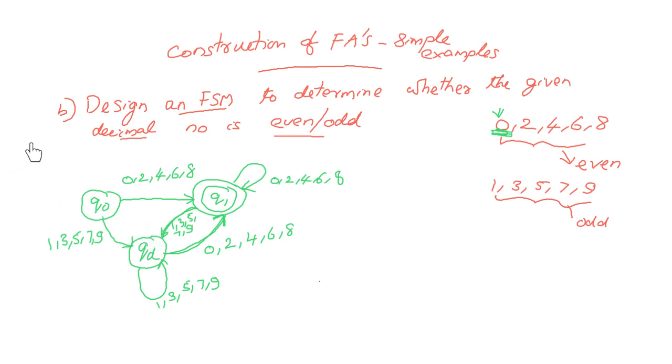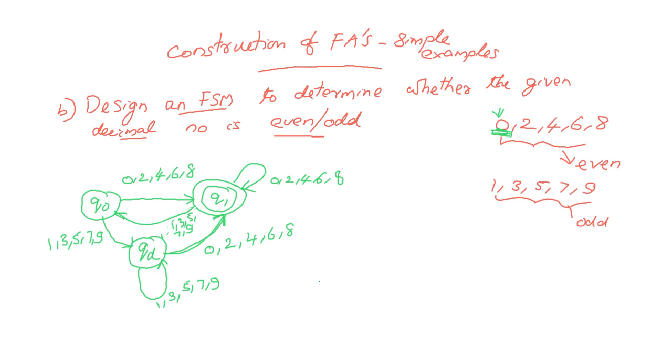So let me do it. Let me erase that, and then connect it to Q0. So it looks like this. You can actually erase this path, and then you can connect the arrow from here to here, if you are getting a 1, 3, 5, 7, or a 9.